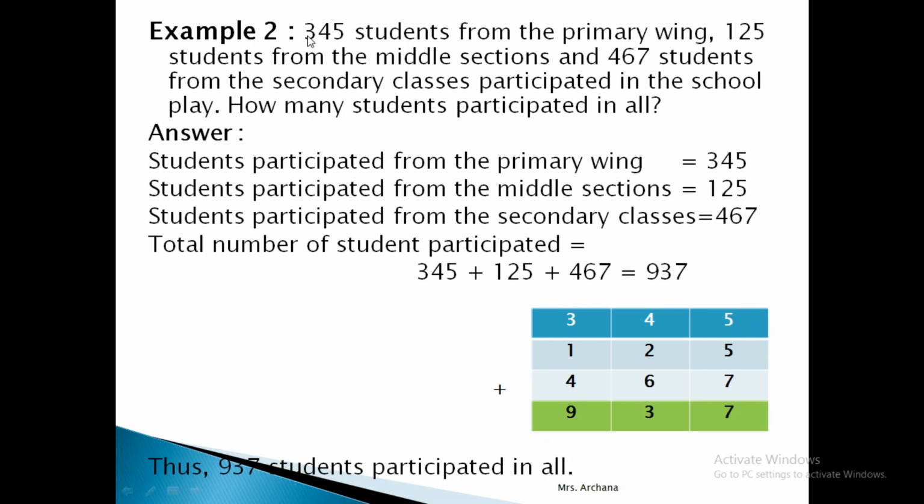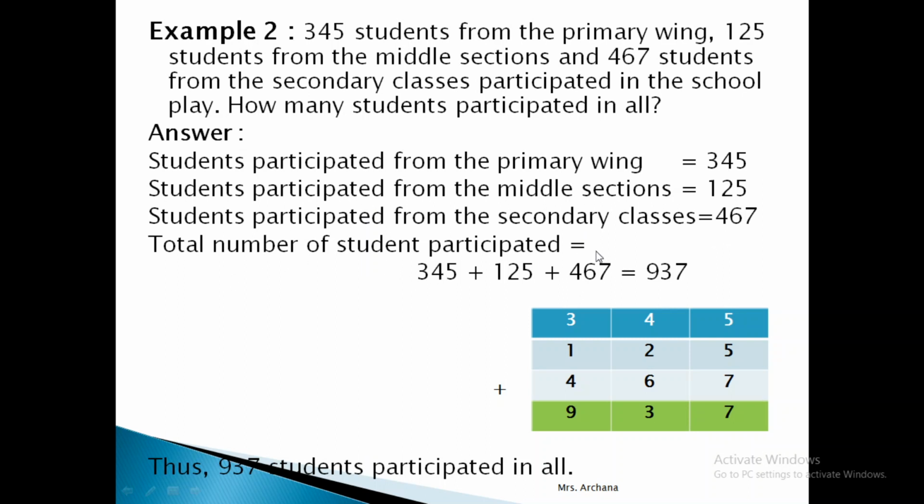See this line I have written like this, 345 students from the primary wing. That only I have written, students participated from the primary wing, this much, 345. Students participated from the middle section is 125. Students participated from the secondary classes is 467.